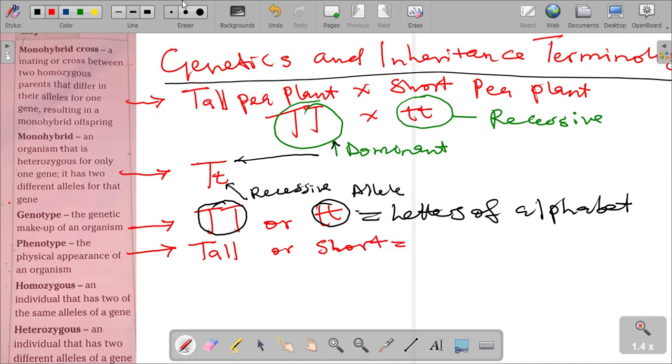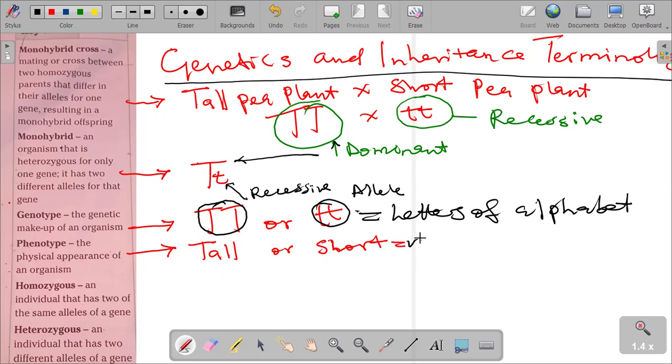The phenotype is the interpretation of the genotype, the visible expression of the genotype.